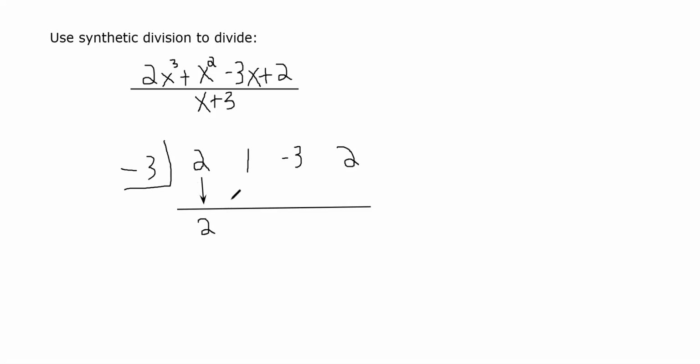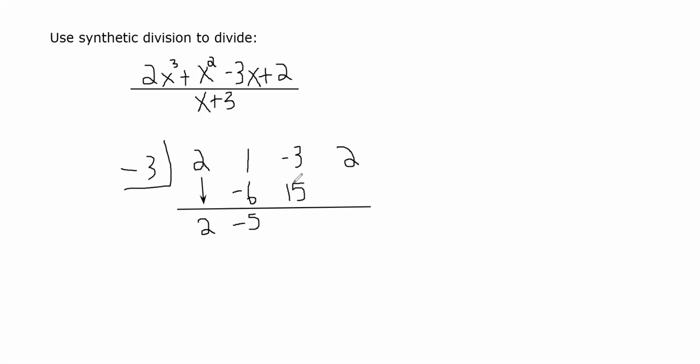Negative 3 times 2 is negative 6. One plus negative 6 is the same as 1 minus 6, so negative 5. Negative 3 times negative 5 is positive 15.